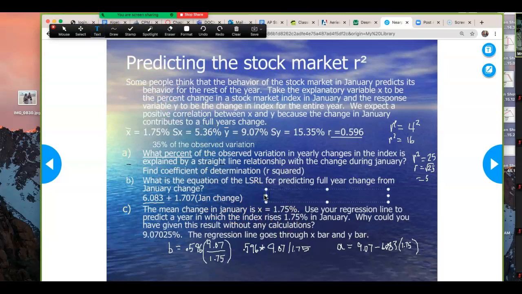So the predicted value y is 6.083 plus 1.707 times 1.75. That would give you a predicted value, y hat. So that's making predictions. Plug in the numbers, formulas, stuff like that.